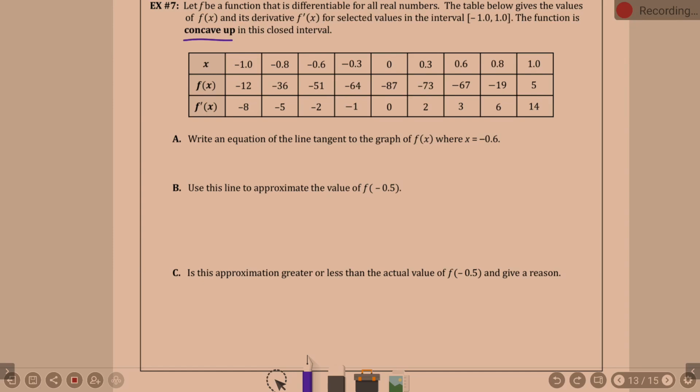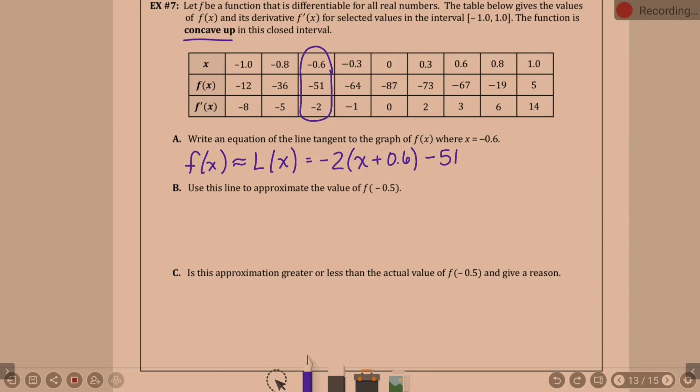They gave us all the information, yes? Right here, they give us the point. They give us the slope. So f of x is approximately equal to the linear approximation, which is -2 times (x plus 0.6) minus 51.